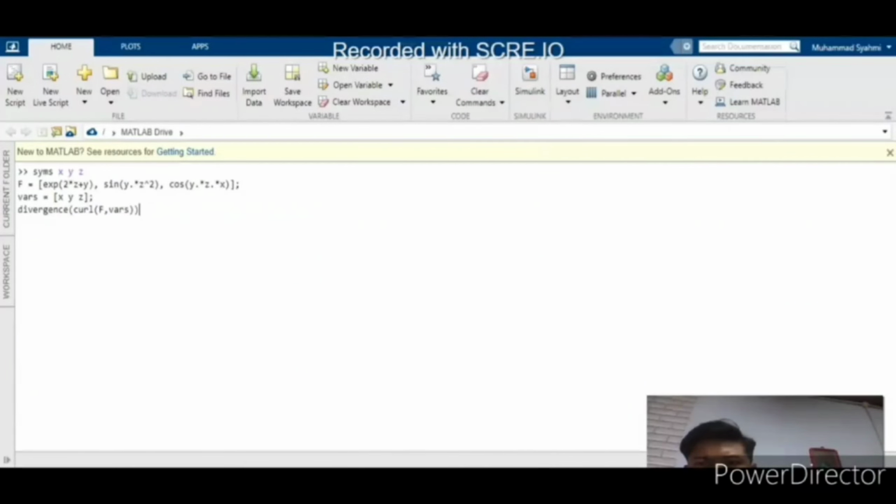The last one, you need to calculate the divergence, so we type in the divergence curve, and after that we just run the simulation and we will get the answer is 0.